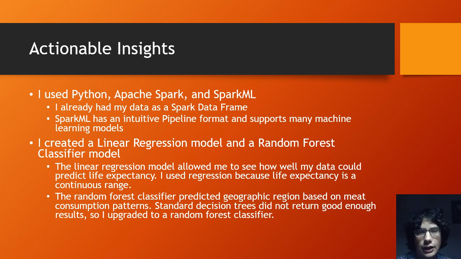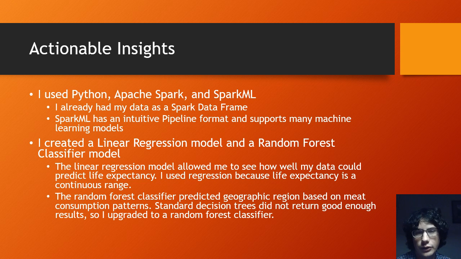Okay, actionable insights. I used Python, Apache Spark, and Spark ML. I already had my data as a Spark data frame, so my preprocessing was done in Spark. Spark ML is an easy to use pipeline format, and it also out of the box supports many machine learning models. I created a linear regression model and a random forest classifier model.